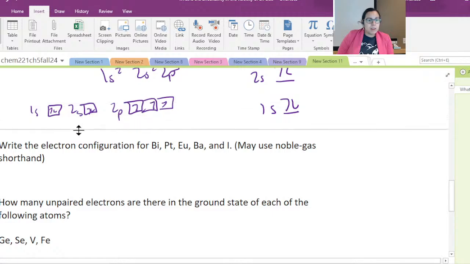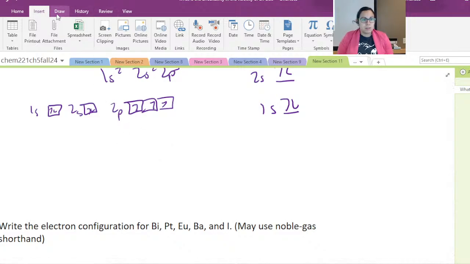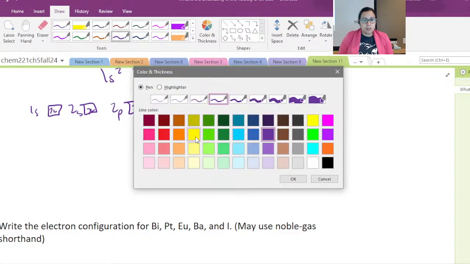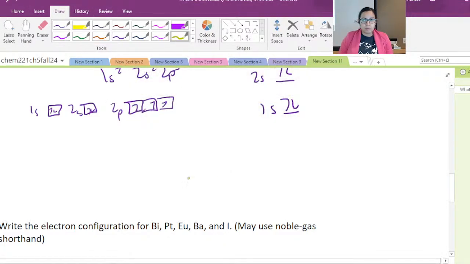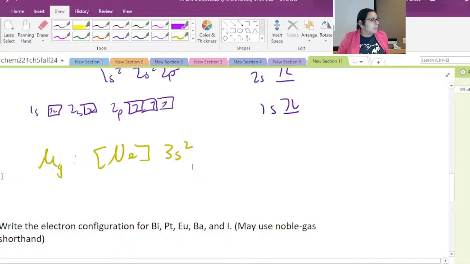All right, so what do we get for magnesium then? What's its electron configuration? This would be neon in brackets, and then I think 3s2. So everybody like that?